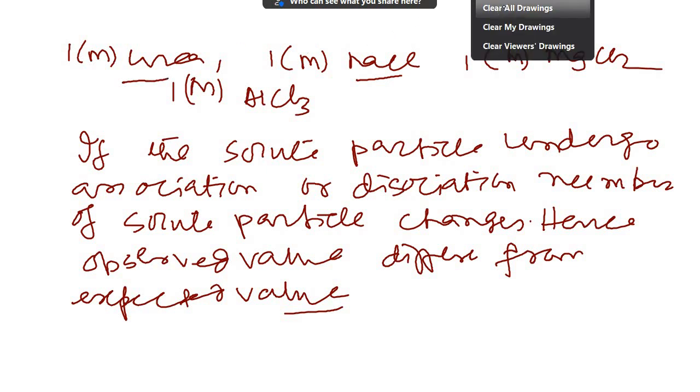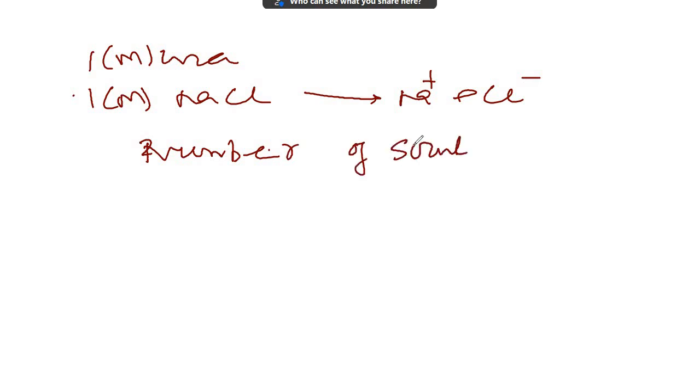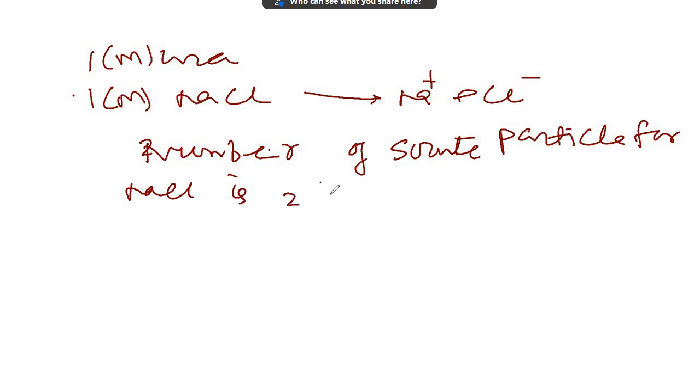In 1 molar urea and 1 molar NaCl, the number of particles is not the same. NaCl totally breaks up into Na+ and Cl-. So the number of solute particles for NaCl is 2 moles of ions.